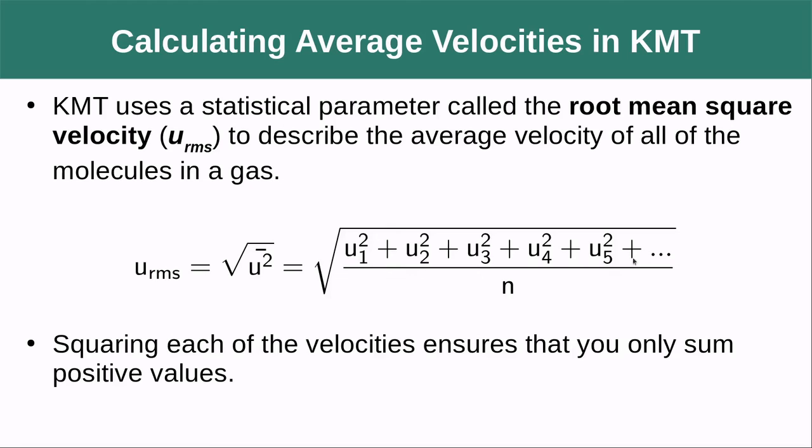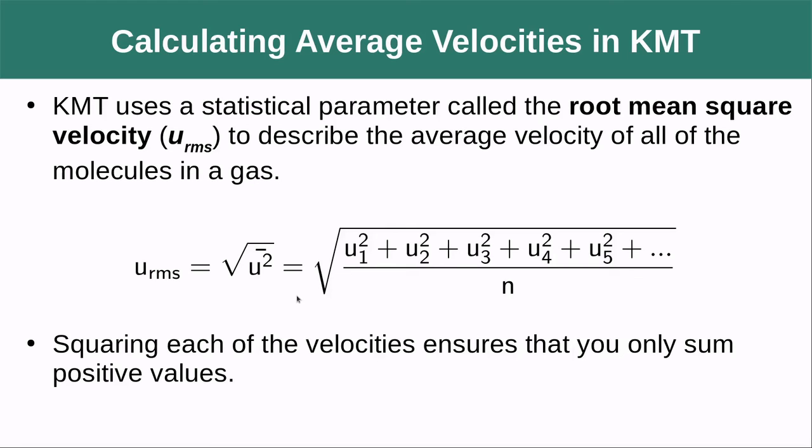This should seem a little familiar. This is very similar to the standard deviation equation that we've used before, and is not very dissimilar from the Pythagorean theorem or the distance equation for multiple dimensions. You probably have seen this in mathematics before.